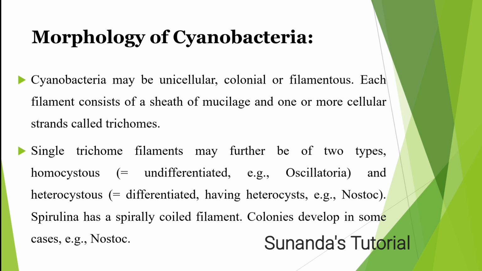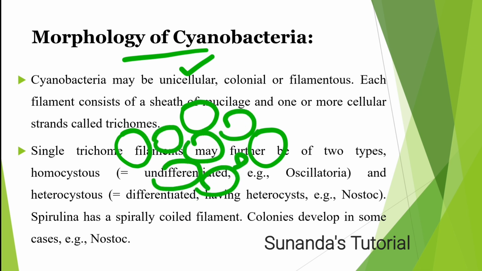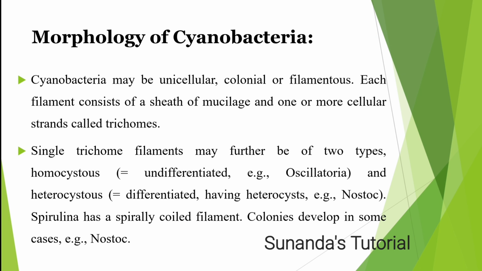Next, the morphology of cyanobacteria. They may be unicellular, that means sometimes they live individually, sometimes they form colonies, sometimes they have filamentous structure. Each filament consists of a sheath of mucilage and one or more cellular strands called trichomes.